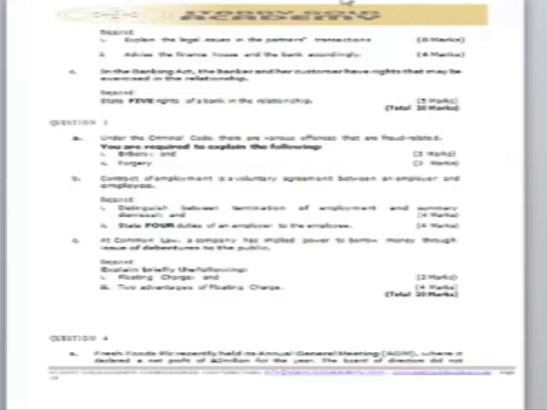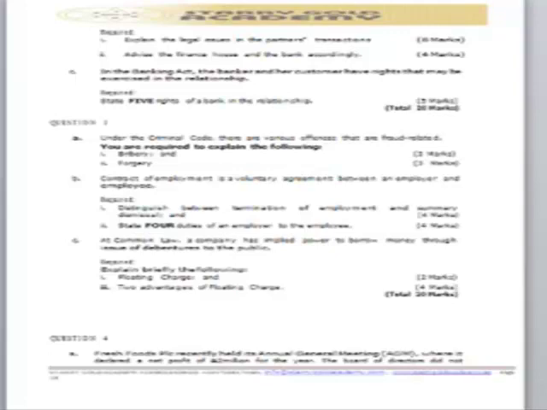So where you see the words explain briefly, it also means explain, but make your explanation short. So you just have to explain, and then you move to the next question you want to answer.